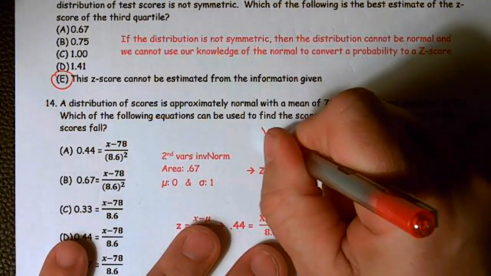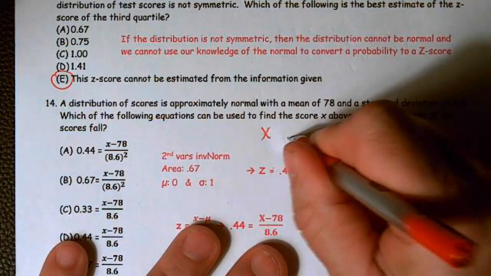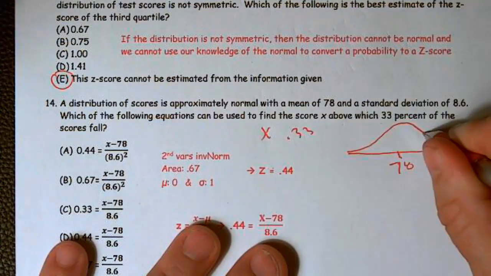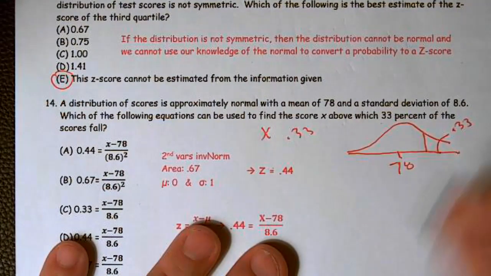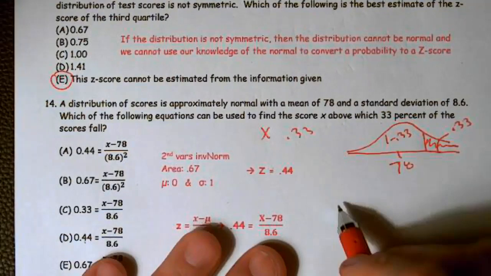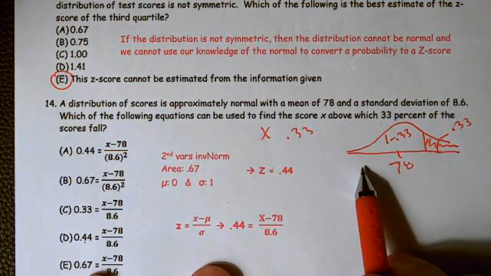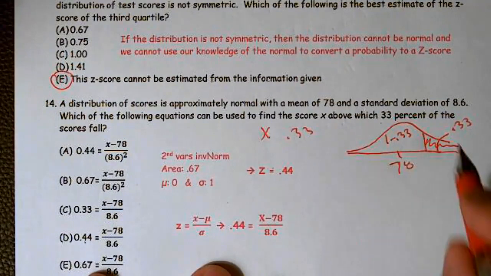Remember, we draw an X and ask, is the 33 above it or below it? Well, they're telling us it's above, so our 33 is up here. If that's 33, this is going to be 1 minus 0.33, and I'm going to need to find the z-score associated with that value.